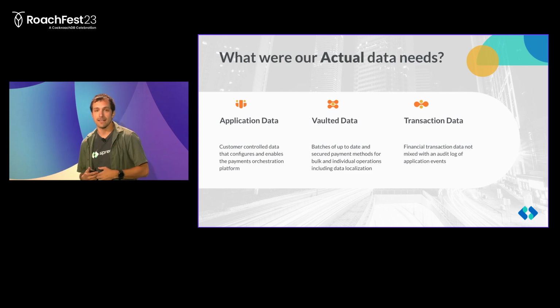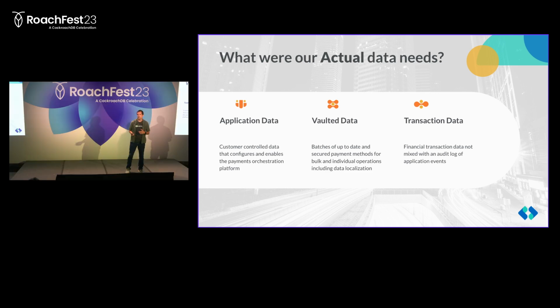Even product started to ask us to do value-added services on sets of types of payment methods. And finally, the transaction data also took shape, but we needed to segment out the financial transaction data from the application history data, because for financial reconciliation, they're only interested in the financial part of that. So we had to remodel our transaction events.